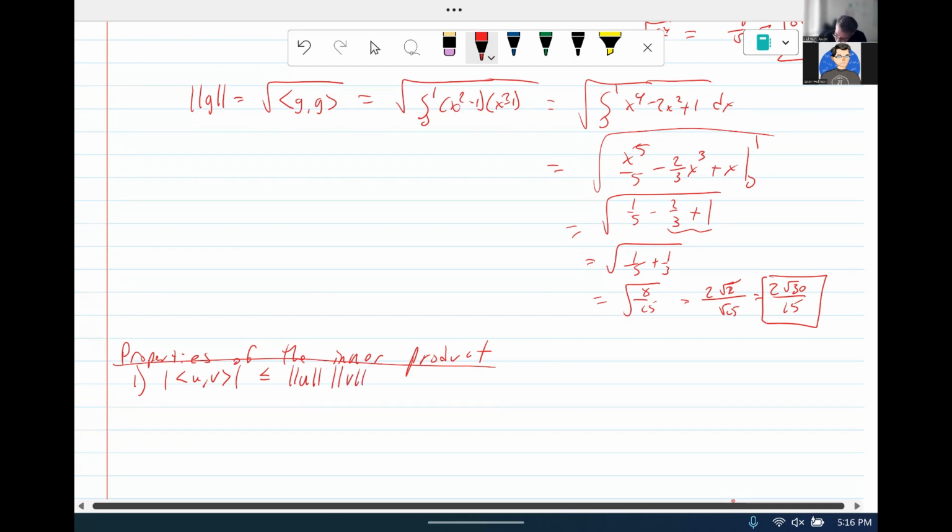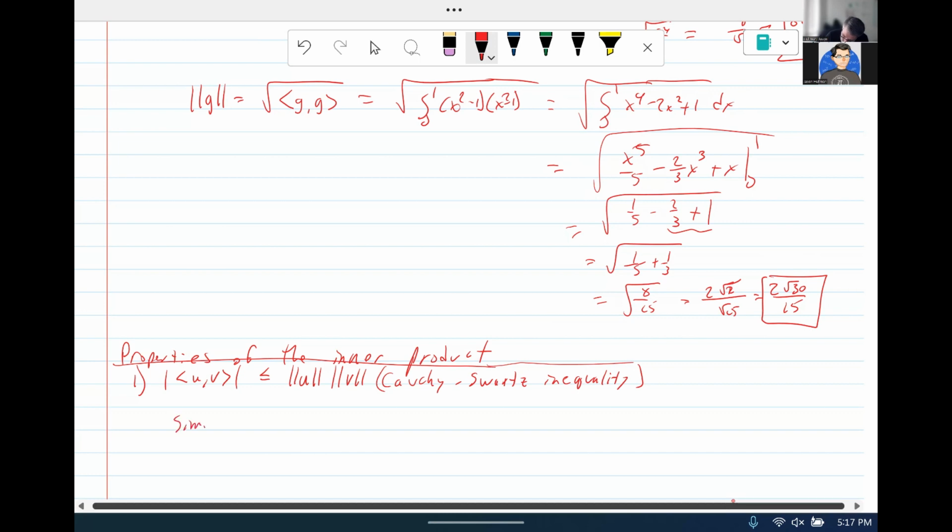This is called the Cauchy-Schwarz inequality. It's kind of like the triangle inequality.